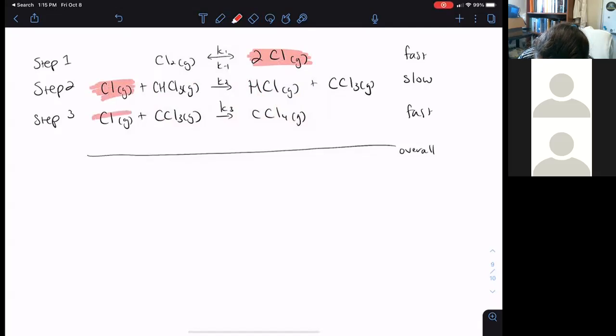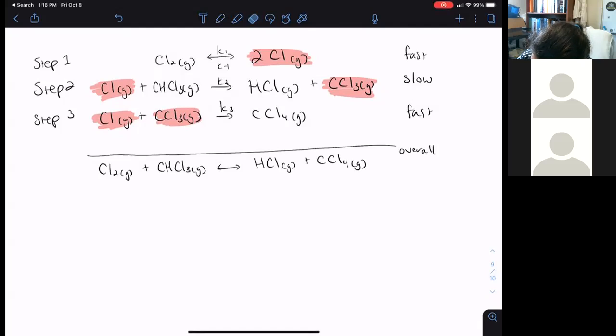That's going to get canceled out. That will get canceled out. Everything else looks like it'll stay. So we have Cl2 gas plus CHCl3 gas goes to HCl gas plus CCl4 gas.